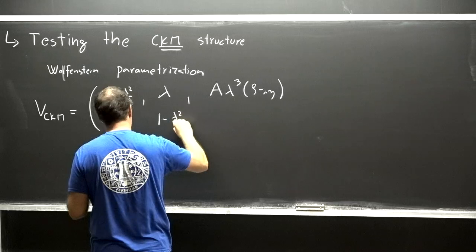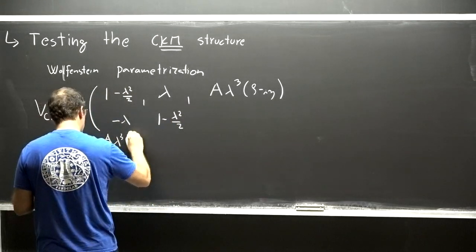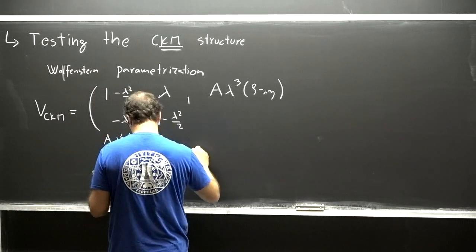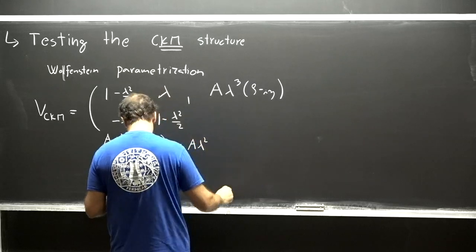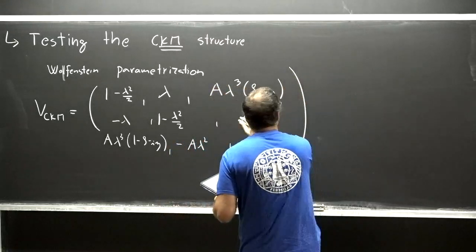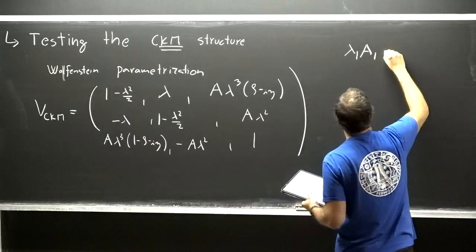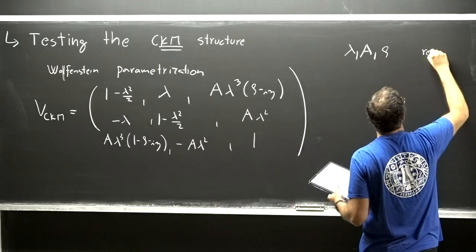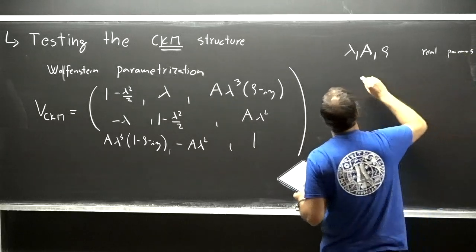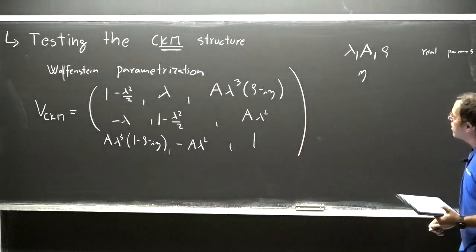So there are 4 parameters here: A, lambda, and rho are the real parameters, and then there's one imaginary part, eta.